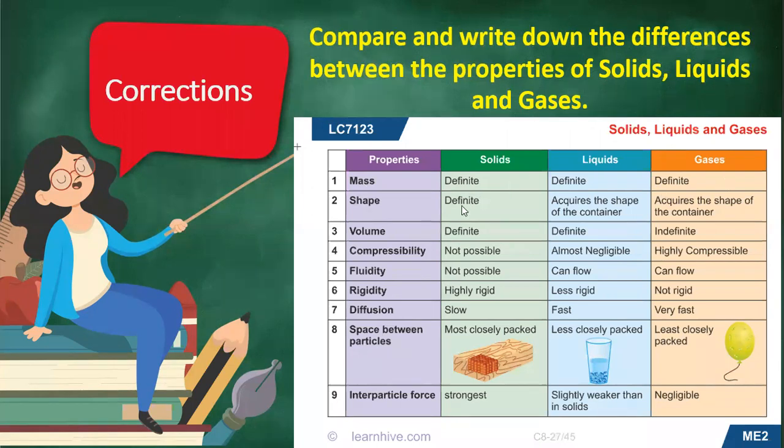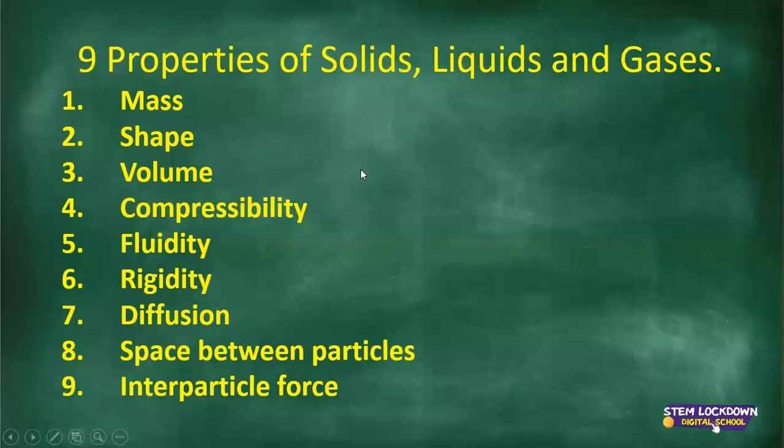So comparison has to do with both differences and similarities, not only differences. If you compare the shape of a solid and a liquid, you'll find that the shape of a solid is definite, but a liquid takes the shape of the container. It is the same with a gas. It also takes the shape of the container. So let's go through the properties first, and then we'll come back and compare them, okay?